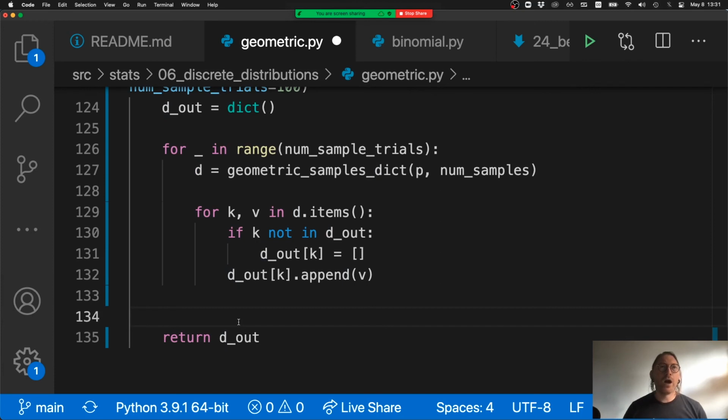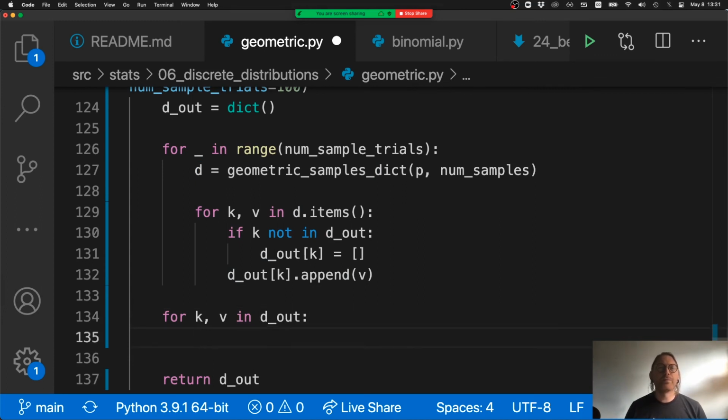And the last thing that we'll do in here is we'll process dout. So for key value in dout, dout sub k is going to get the sum of this list divided by the length of the list.